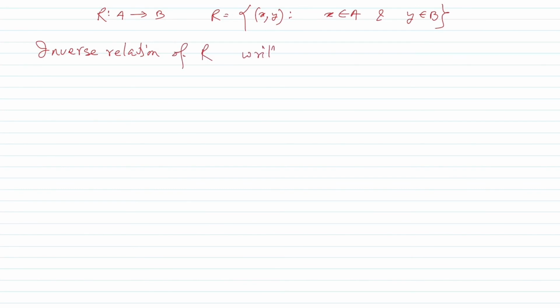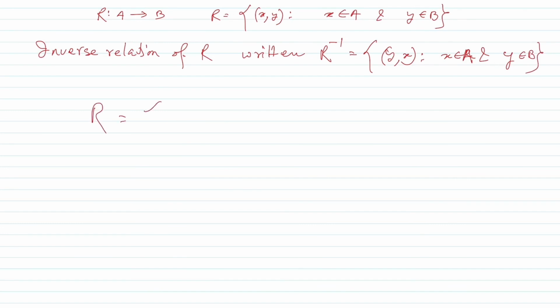Suppose we have a relation R from A to B, such that R is a set of (x,y) such that x belongs to A and y belongs to B. Then the inverse relation of R, written as R inverse, is given by (y,x) such that x belongs to A and y belongs to B.